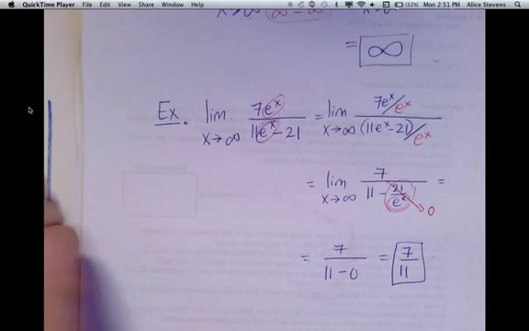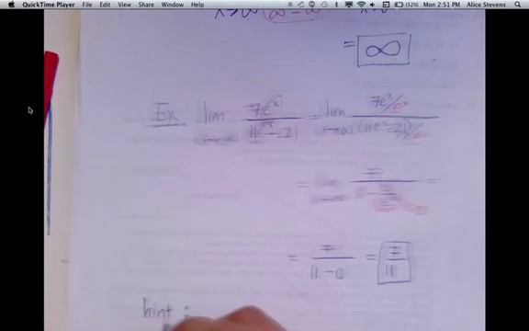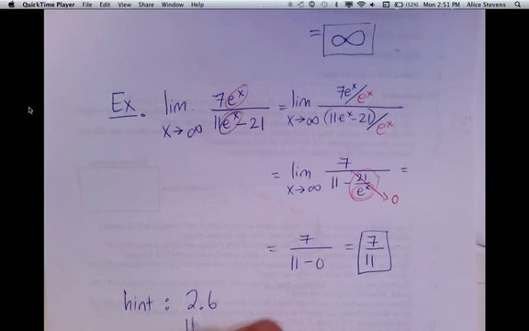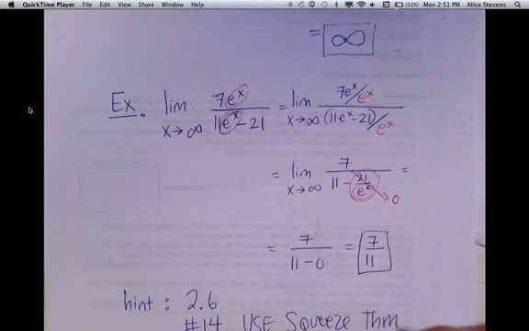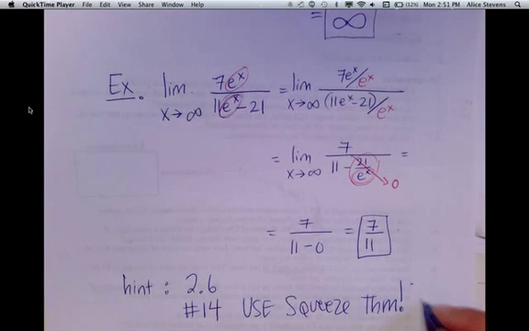The last thing I want to say is just to give you a hint on the homework. So 2.6 number 14, use the squeeze theorem. And please note that 0 times infinity is not 0, it's indeterminate.